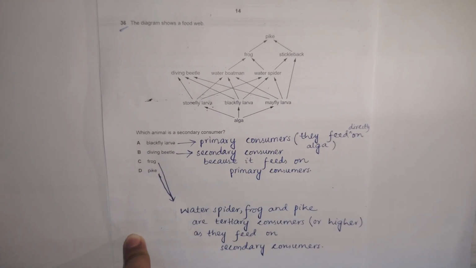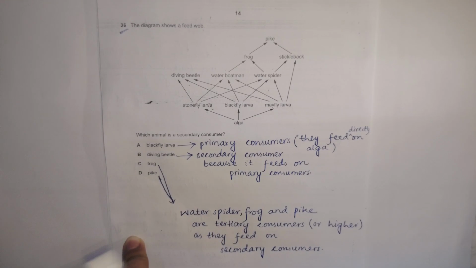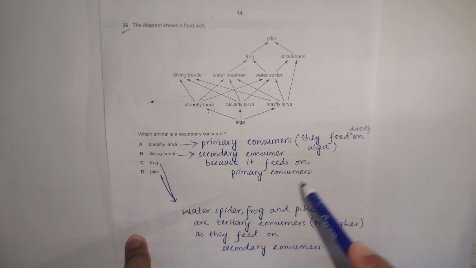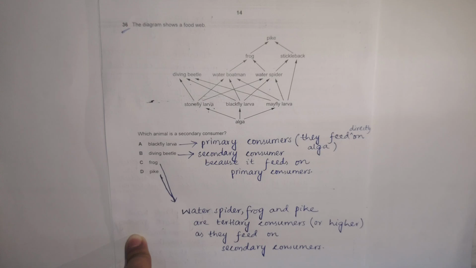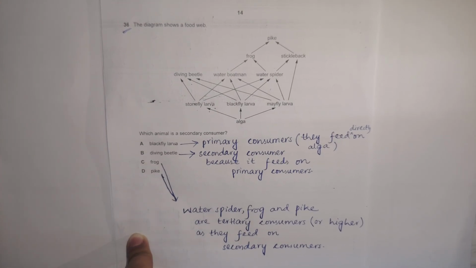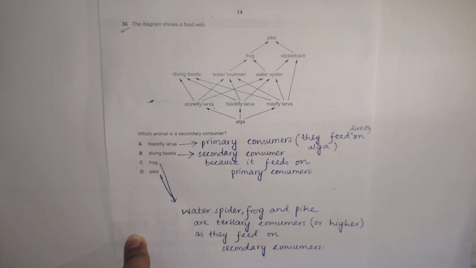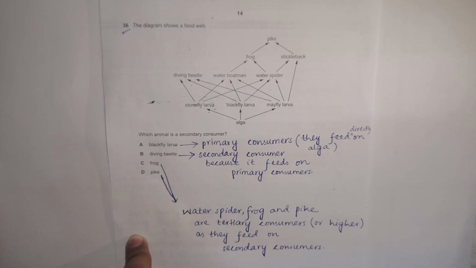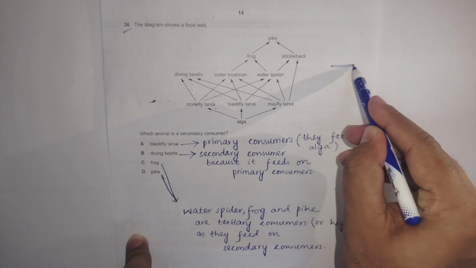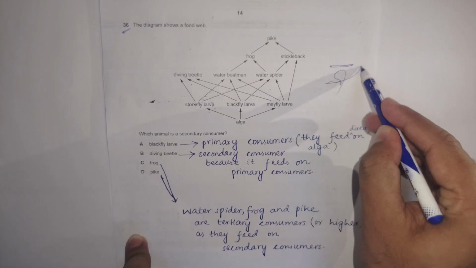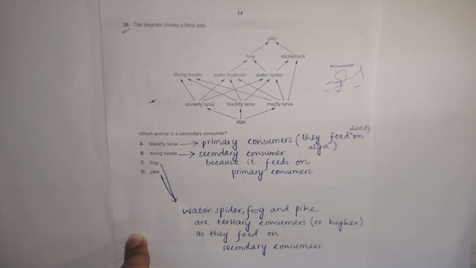I have solved this question for you along with some notes that you can see on your screen. But I believe that it will not be sufficient to teach you the whole concept. For that, if you want to learn the whole concept of food web, please mention it in the comment section and I will make a video for you.